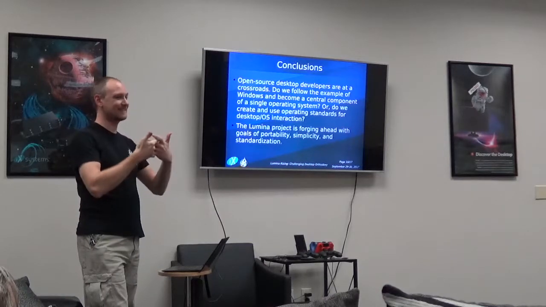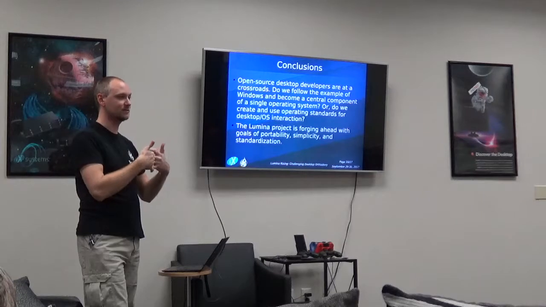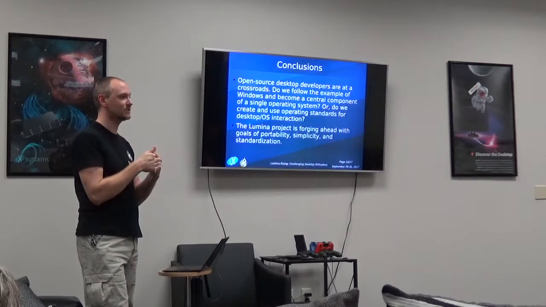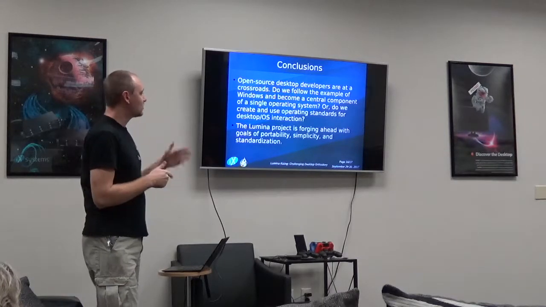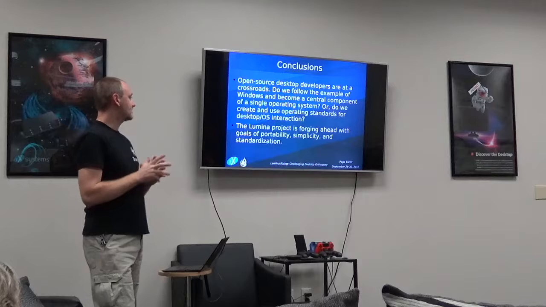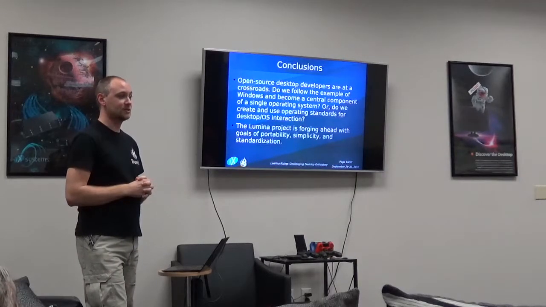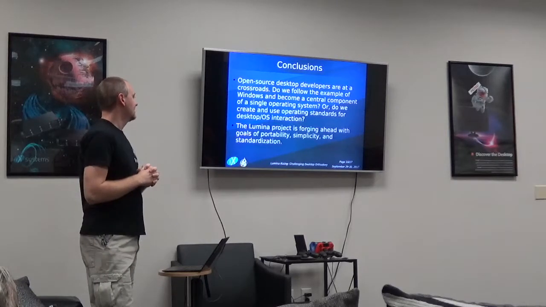I mean, OS X is kind of like that to a degree, but they still have a large, very robust, non-graphical server as well, from what I understand, that you can get to. It's not commonly used, but it's kind of there. Or do we start following and start creating and using operating standards for our own desktop and OS interactions? Do we continue to follow the Unix way, if you will?